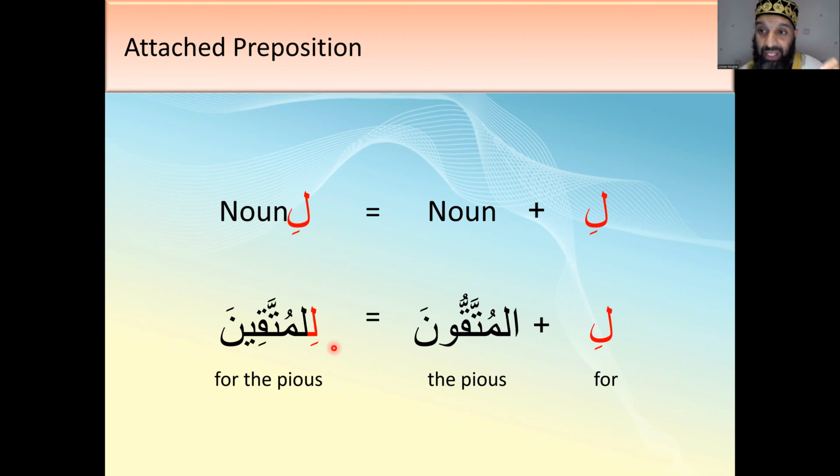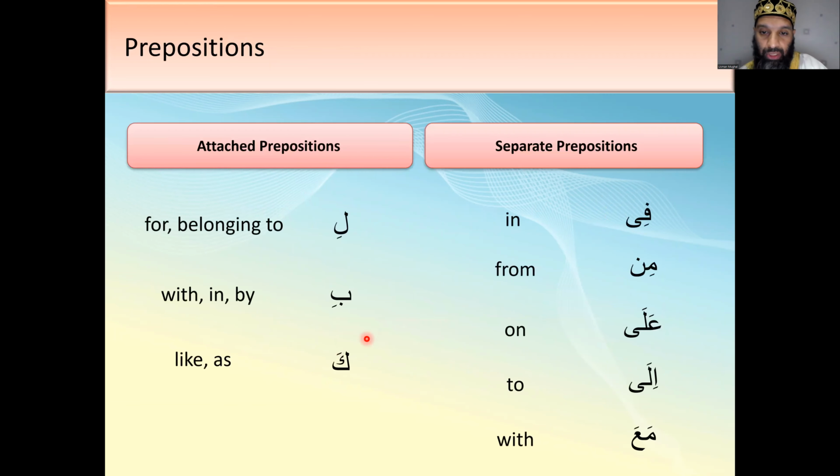So they're majroorifying words. If these words come before a noun, or if these letters attach at the start of a noun, they are all majroorifiers. They make the noun majroor.